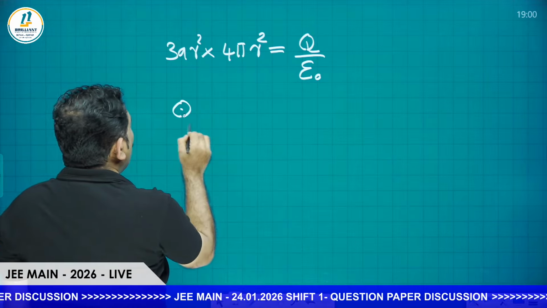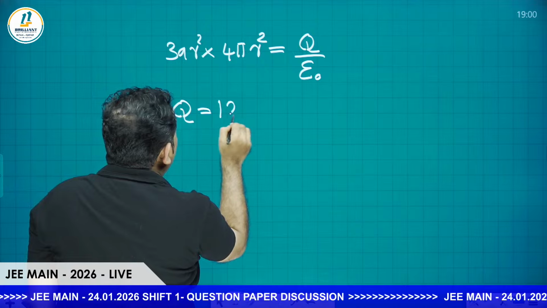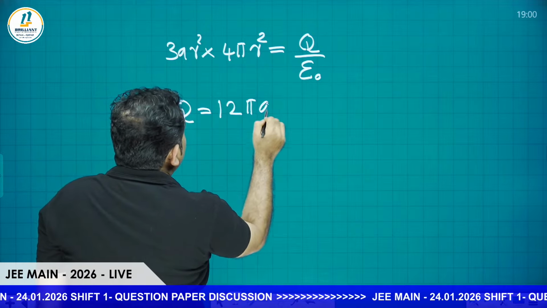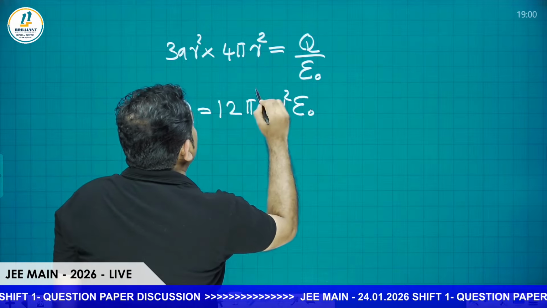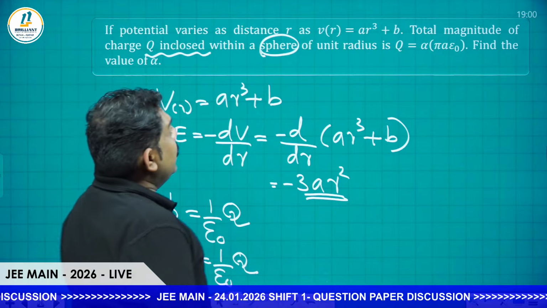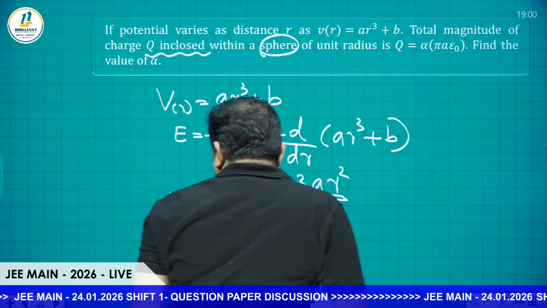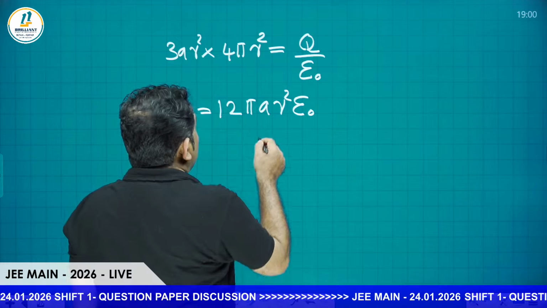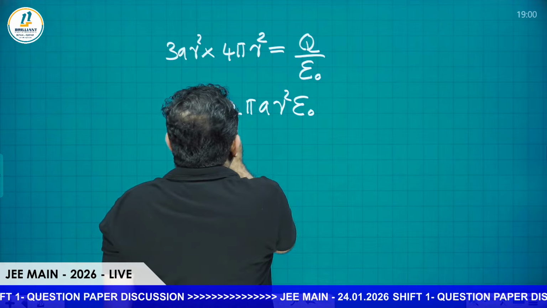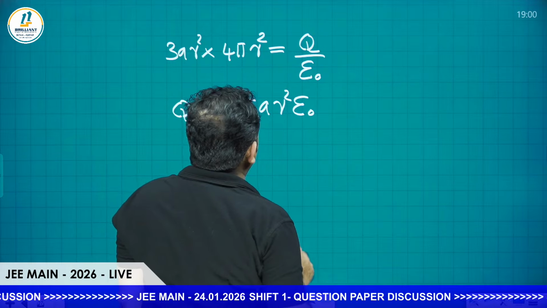Now we can take Q is equal to 3 into 4, that is 12 pi a r square epsilon 0. Now look at what they said in our question: alpha pi a epsilon 0. When I compare, Q is 12 pi a r square into epsilon 0.